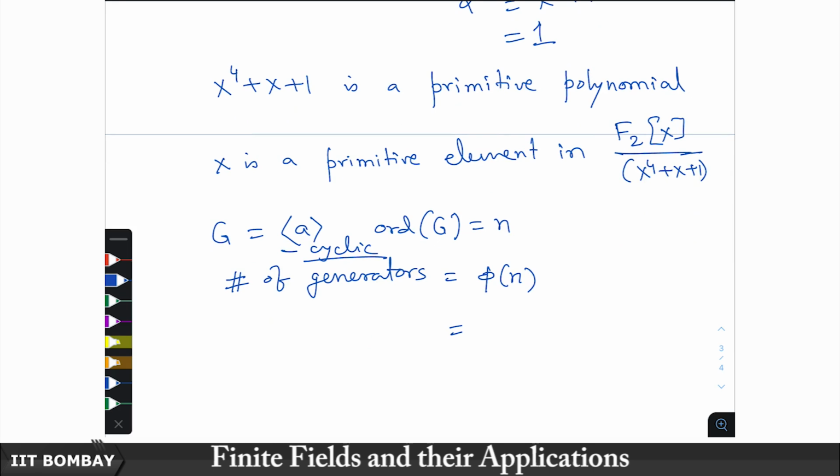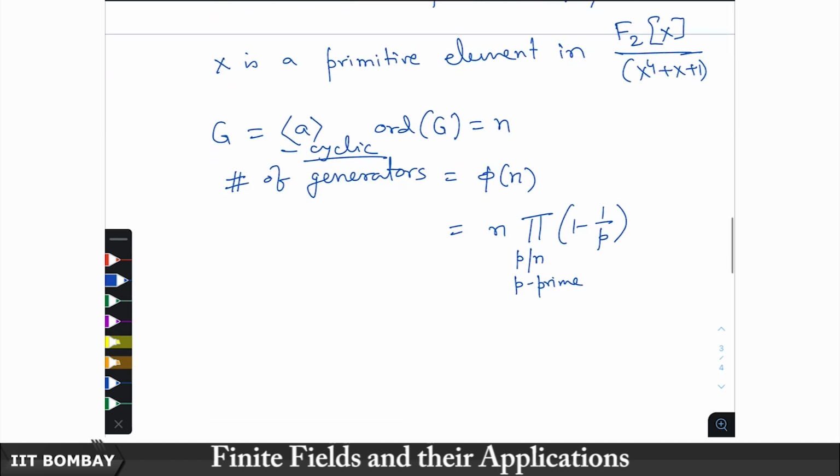And what is that? You basically take n times the product of 1 minus 1 by p, where p divides n, p prime, that is in its prime factorization.